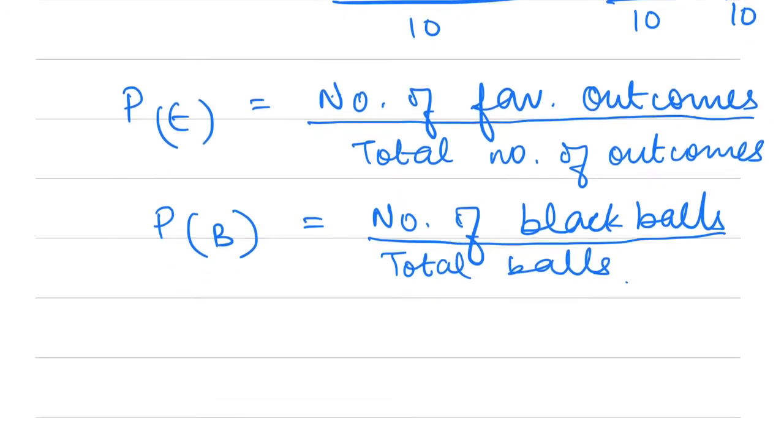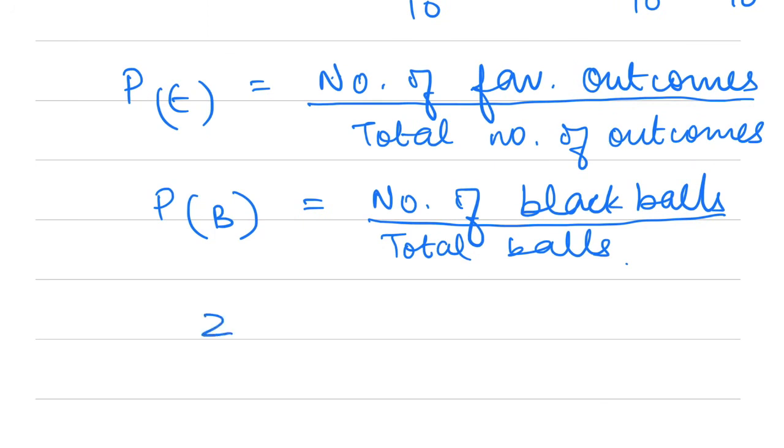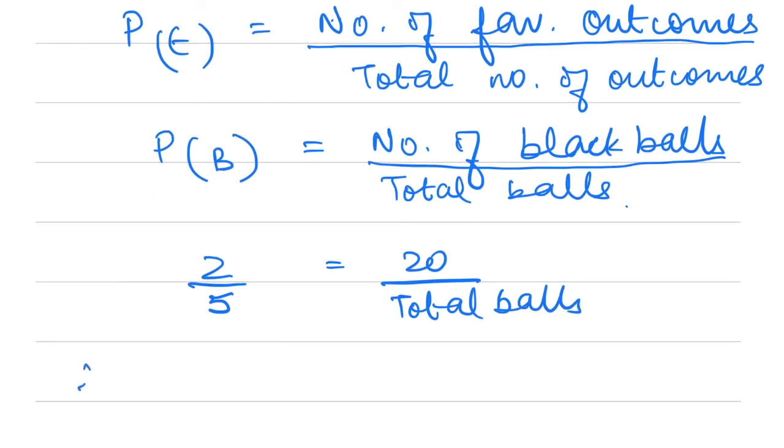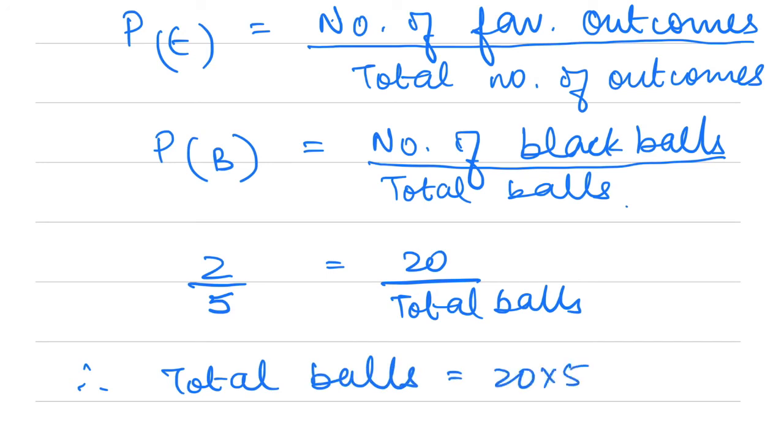So this is given to us as 2 by 5, and total black balls are 20, and we have to find the total balls. Therefore total balls are 20 into 5 by 2. So there are 50 balls.